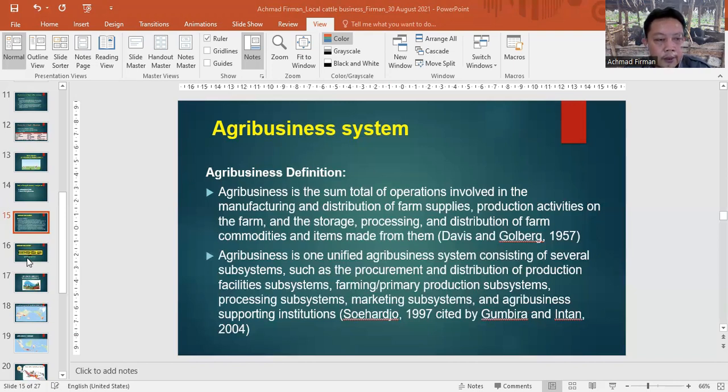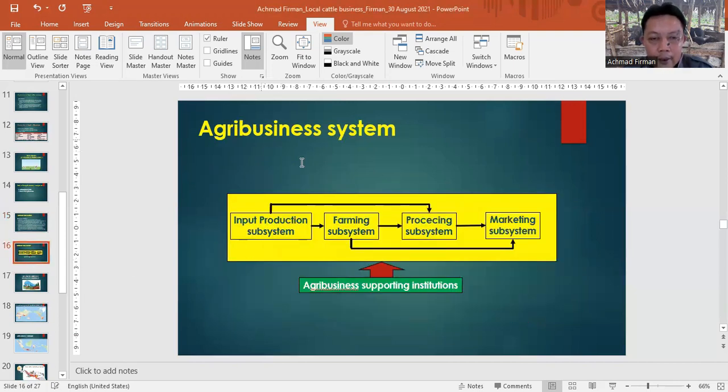Okay, next slide: this is the agribusiness system. I tried to convey the definition of Gumbira. We can see the description of the agribusiness system in the form of an illustration. So every subsystem in it is related to each other in product creation.